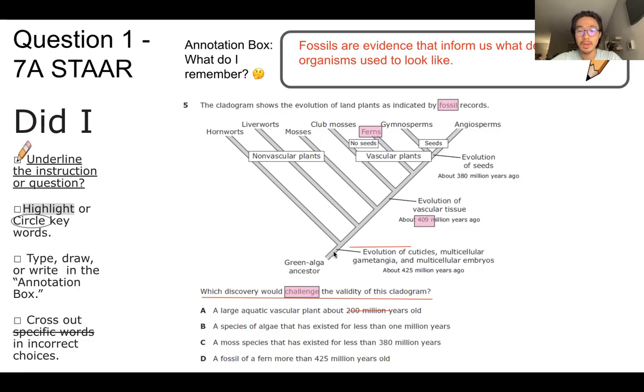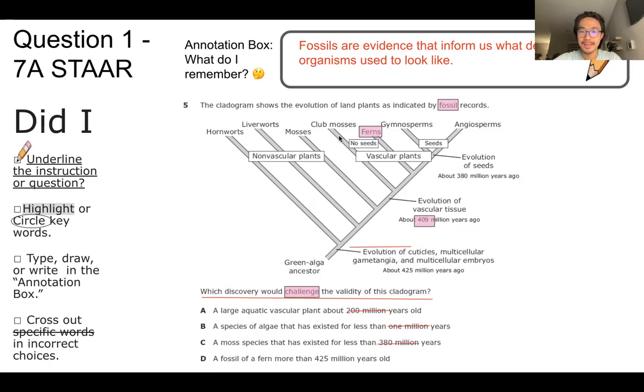Because we know algae has been around for a long time. So if you find one recently, that's fine, right? It's been here for a long time. So we can take out 1 million. If it was longer ago, if it was like 500 million years ago, before the algae appeared, then that would challenge the cladogram. Remember, we're finding information that would challenge this diagram.